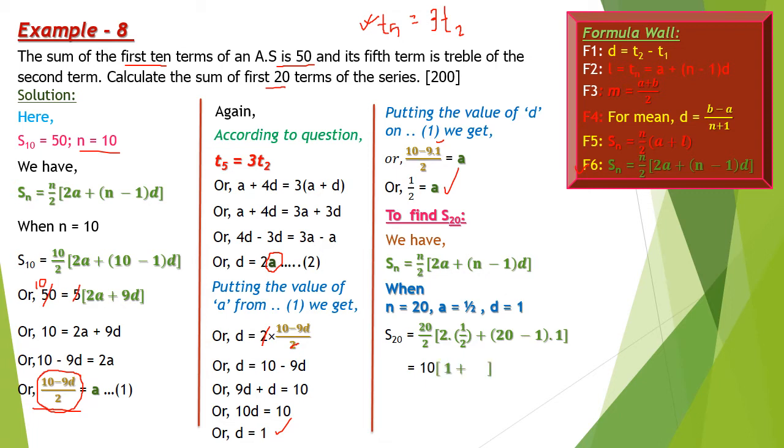We can cancel this 2 and this 2, and that is 1. And you can see 19, 20 minus 1, so the answer is 200. It's an important question. Hence, the sum of the first 20 terms is 200.